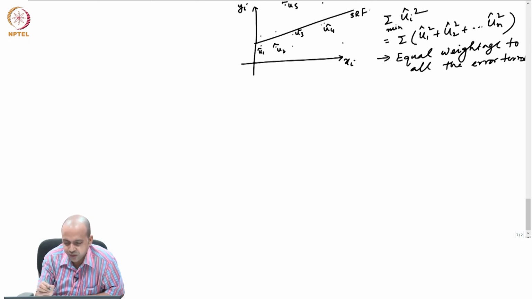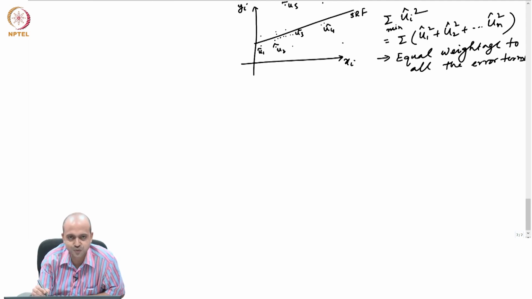That is why some predictions are very close to the SRF, and some points, some errors, are much farther away from the line. Obviously the points closer to the line should get more weightage, because they actually contributed more towards constructing this line SRF, and the points farther away contributed less.